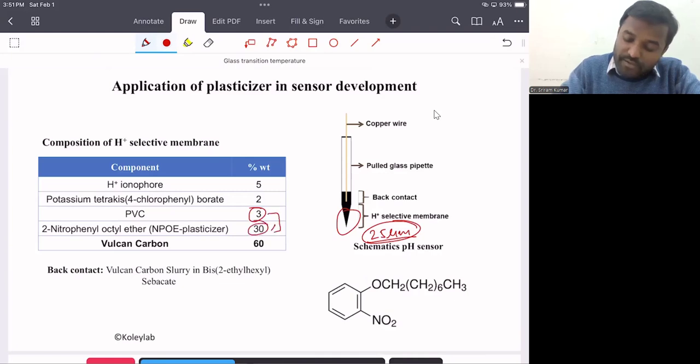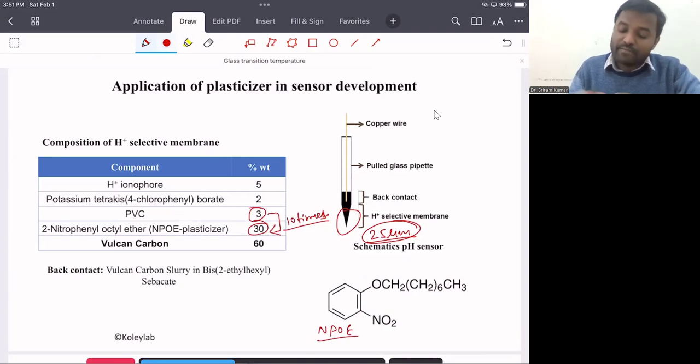So if you compare here, this is 10 times the concentration of plasticizer as compared to the PVC. This is kind of NPOE plasticizer. If you use this plasticizer, you can make a very flexible kind of or elastic kind of membrane that can be used in sensing applications.